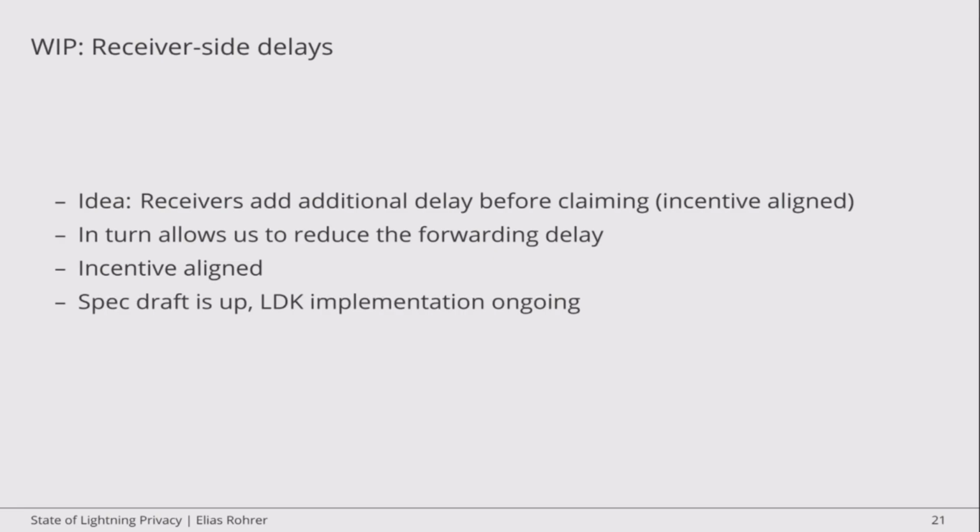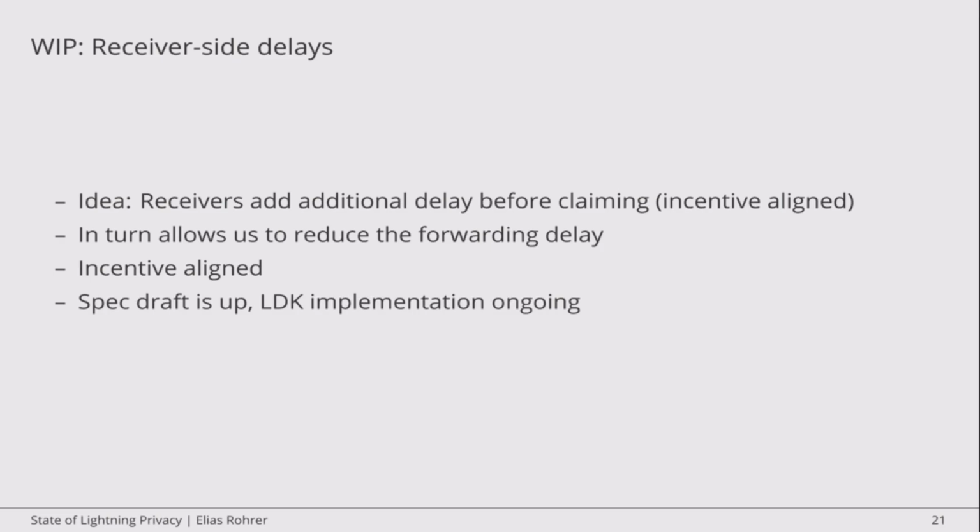So the idea there being receiver-side delays, and as I said before, the sender part of it is basically exploiting LND-specific behavior. Basically, the measurements toward the destination are the more interesting case anyway. So we add receiver-side delays, so the receiver itself adds some random delay before actually claiming the payment.